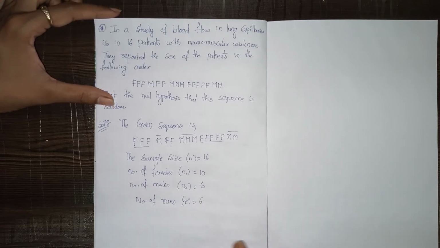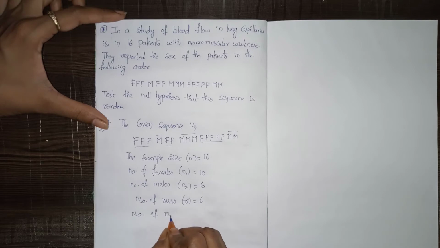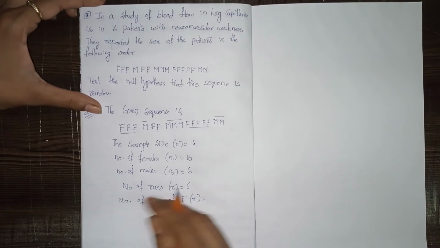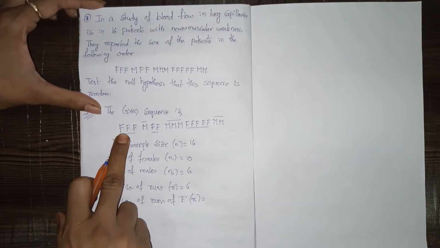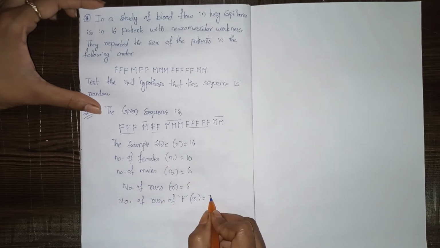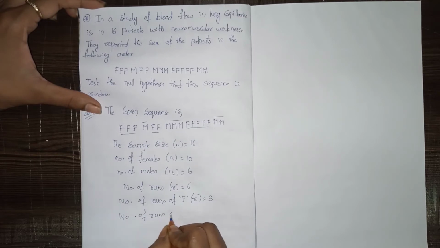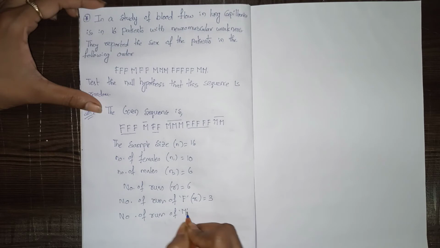Now we will see the number of runs of females, F. It is denoted with R1, that equals the female runs 1 2 3, so 3. Now the number of runs of males is denoted with R2.